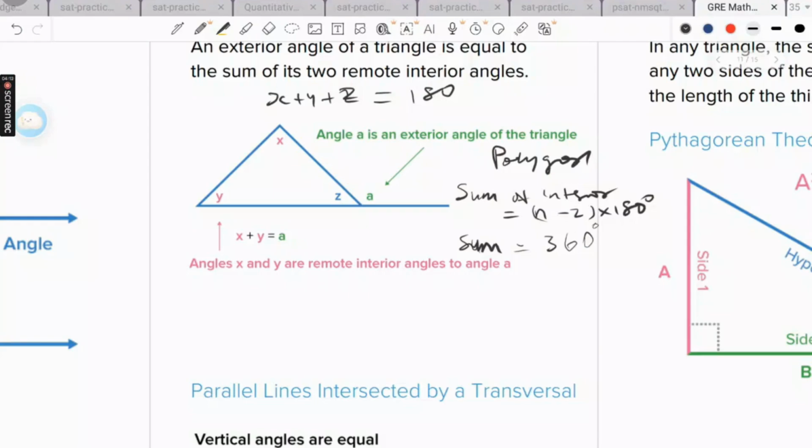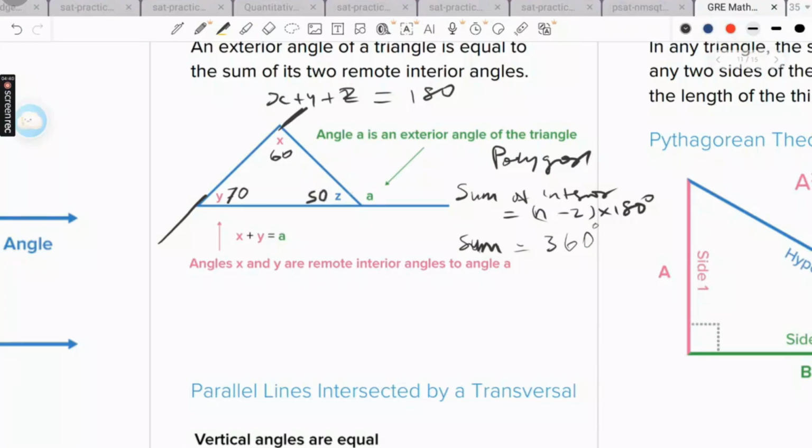Now for exterior angles, first let's assign values to these. Let S be 60. Let Y be 70. If S is 60 and Y is 70, what is Z? This is 50, because then we add to 180.